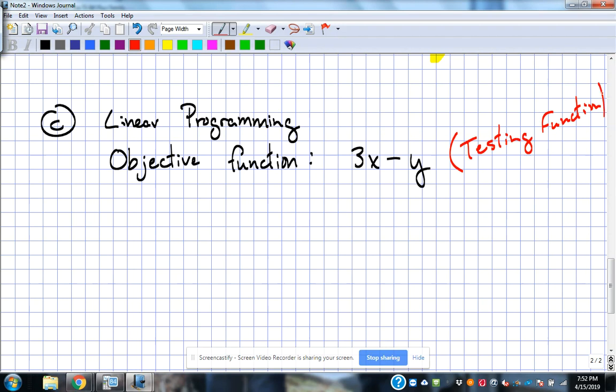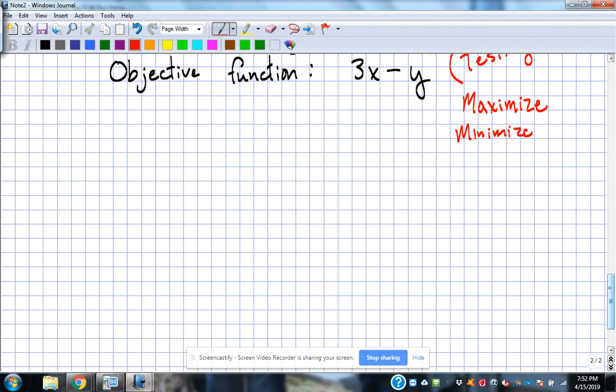That objective function, in the context of these problems, you're either going to maximize or minimize. What you're going to maximize or minimize it with is a graph of several inequalities. And that graph of all these inequalities, I will go ahead and give you.